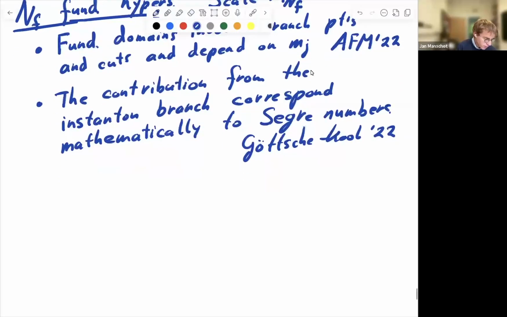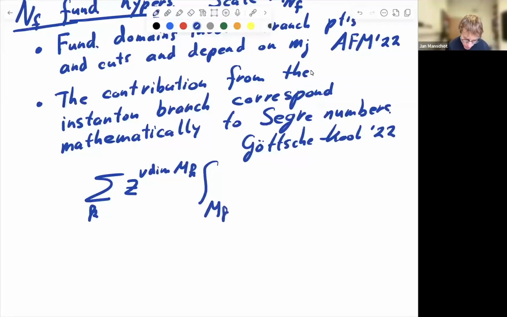So maybe just to indicate their setting, they consider generating functions, a sum over the instanton numbers. They have a generating variable z with exponent the virtual dimension of the instanton moduli space. Then they have an integral over the moduli space of instantons, or a more algebraic version, the integrated Chern class of a bundle over M_K, which is to be identified with our index bundle.